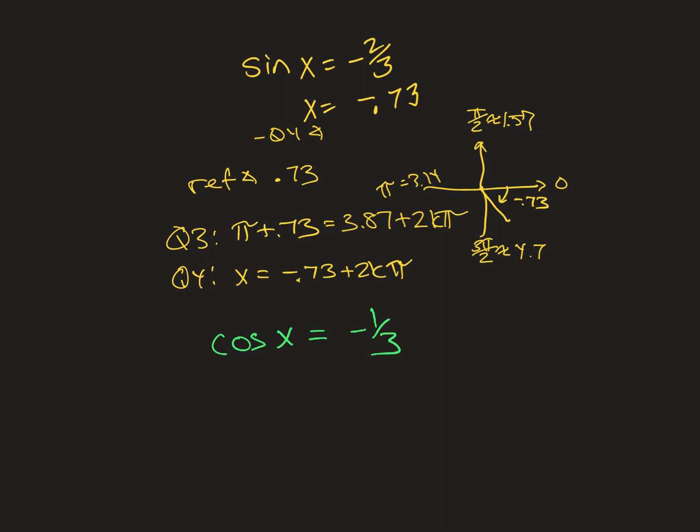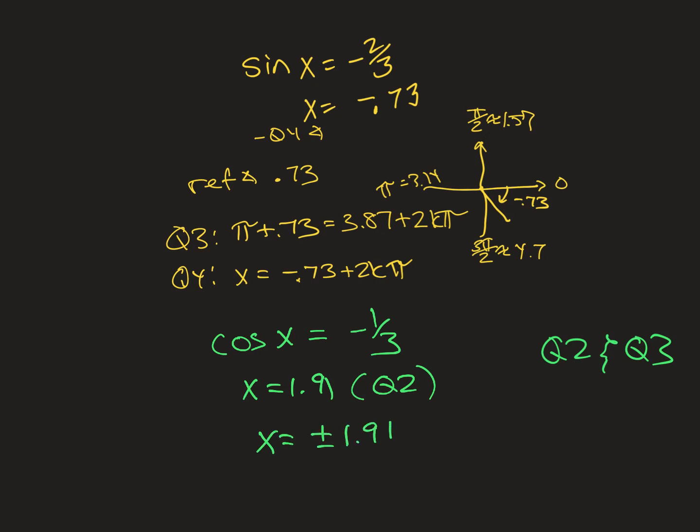And I get 1.91, which is a quadrant 2 angle. And cosine is negative in quadrant 2 and quadrant 3. And remember the nice thing about cosine, I can simply get the quadrant 3 angle by doing negative 1.91. That will land in quadrant 3. So to get all solutions here, I can just say plus or minus 1.91 plus 2k pi, which is kind of nice.